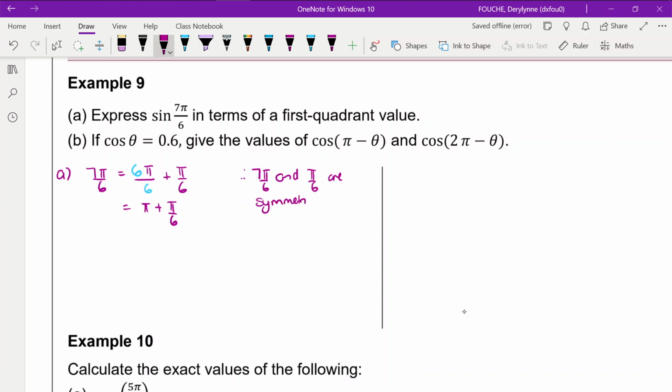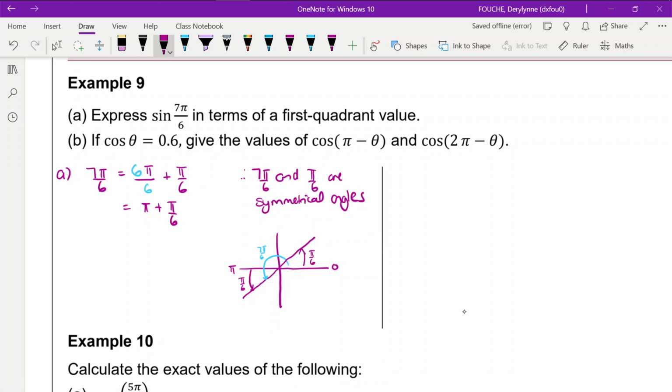Now what do I mean by that? Let's have a look. If I draw a Cartesian plane, here is where pi is and here is where 0 is. If I go pi plus pi on 6, remember positive is in the anti-clockwise direction, that angle there is pi on 6, and my whole angle that I'm talking about, my 7 pi on 6, is that whole lot there. But you will notice that the symmetrical angle in my first quadrant is pi on 6.